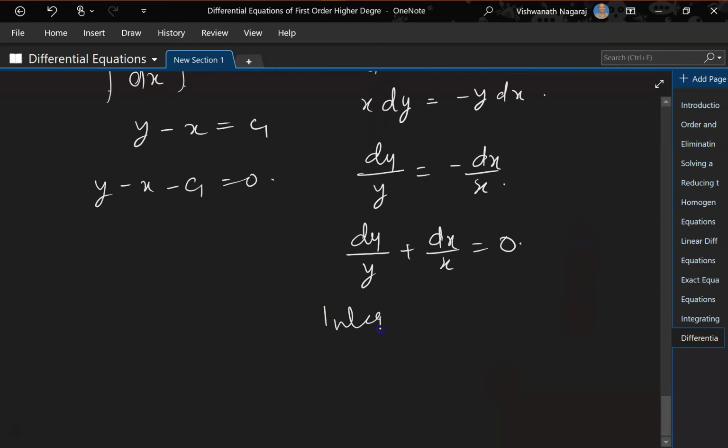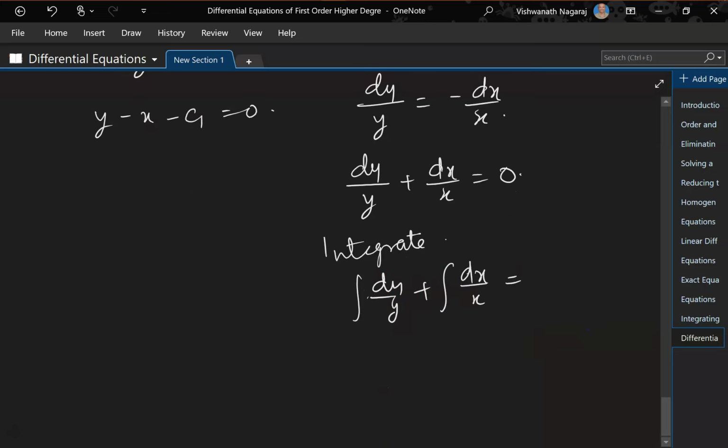Now let's integrate. We get the integral of dy by y plus the integral of dx by x equal to, let's hold on to that constant for the moment. This becomes log y plus log x is equal to, now whenever we have logs, the constant also we treat as log. So this would be log c2.